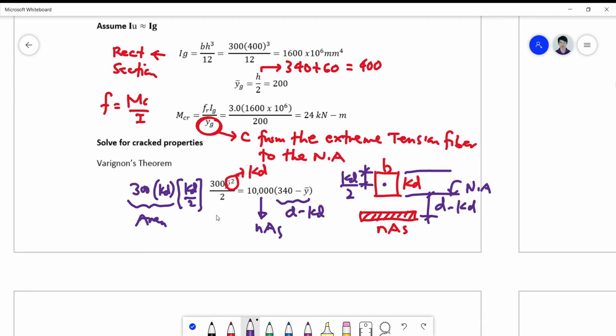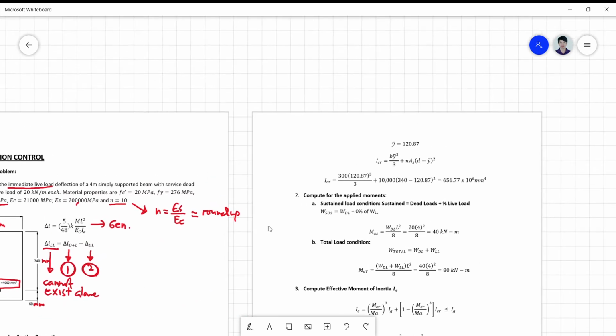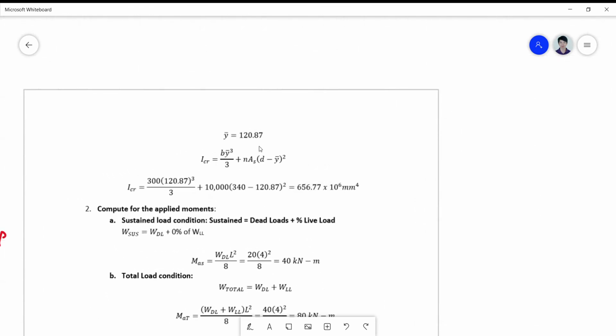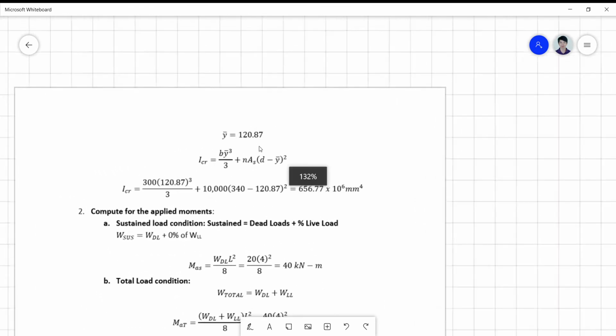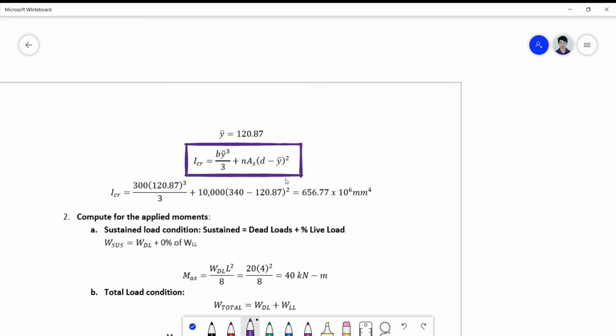Okay, so computing that, we will yield your kd or y bar becomes 120.87, and for your rectangular section, your Icr is simply calculated on the basis of this formula.